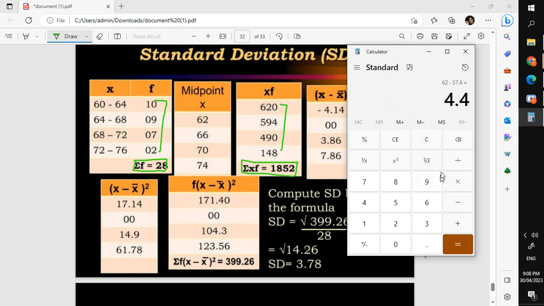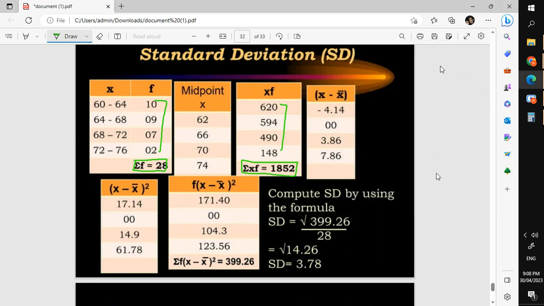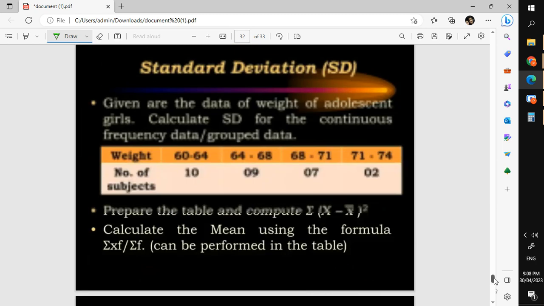Okay. Baliktad again. 62 minus 4.14. Okay, 57.86. 74 minus 57.86. Okay. The mean here is unidentified, but let's just assume na it's given para dili kita malangan. Okay, you double check it na lang.